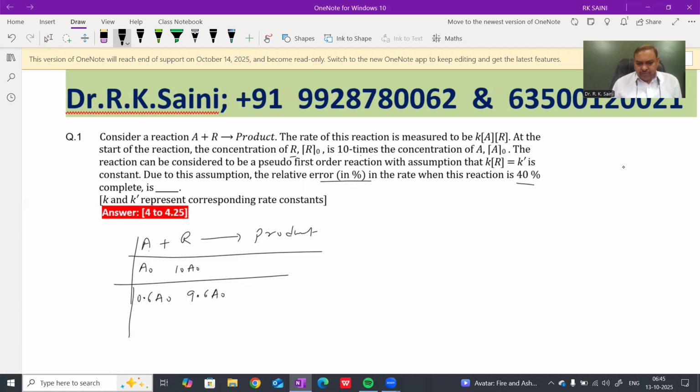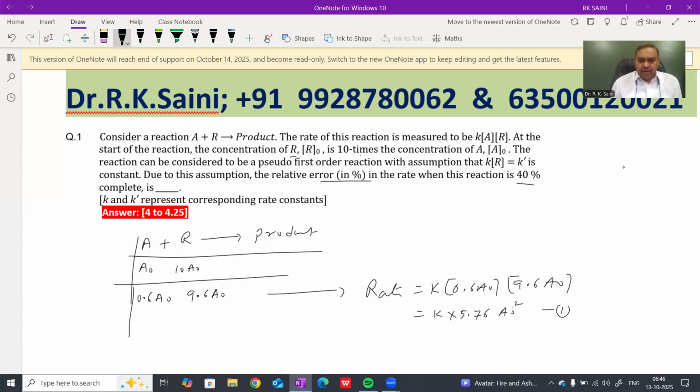The actual rate of this reaction is K into the concentration of A, 0.6 A node, into the concentration of R, 9.6 A node. Or we can say it equals K into 5.76 into A node square.